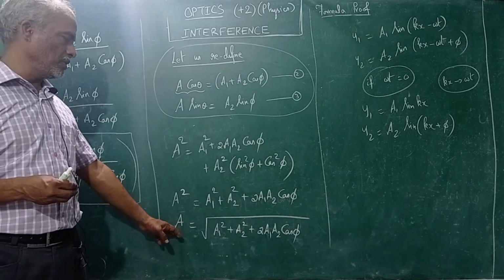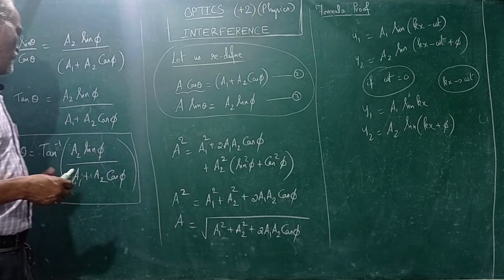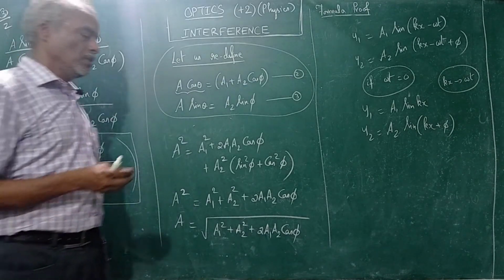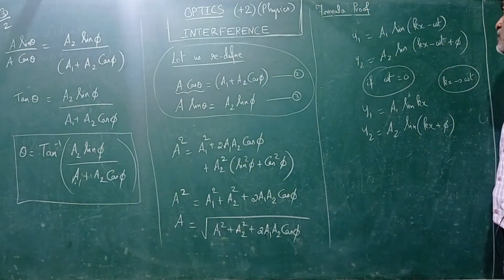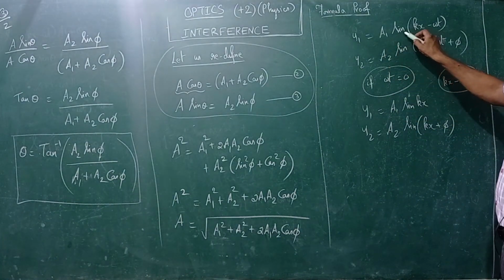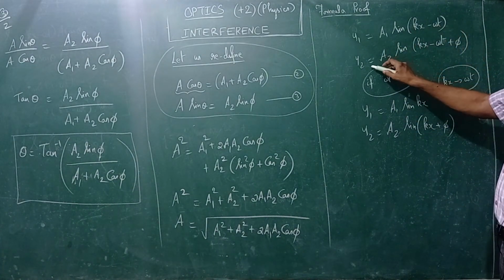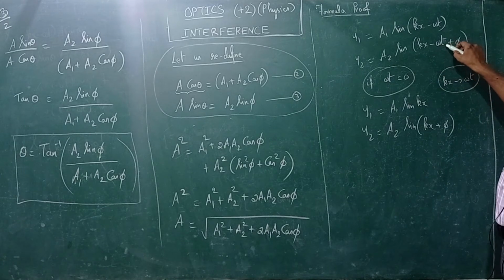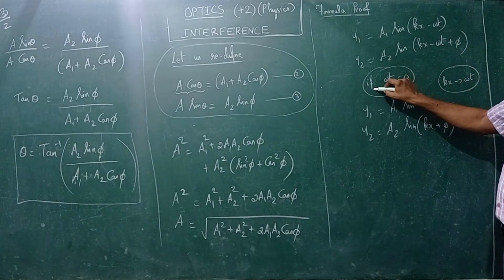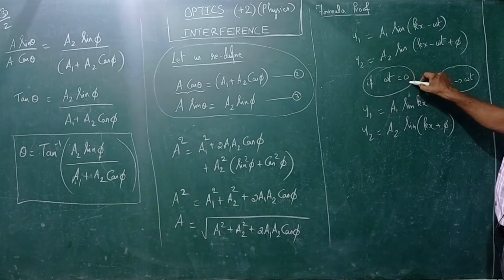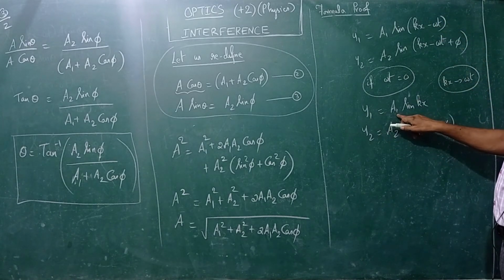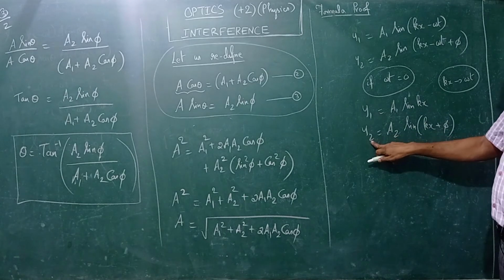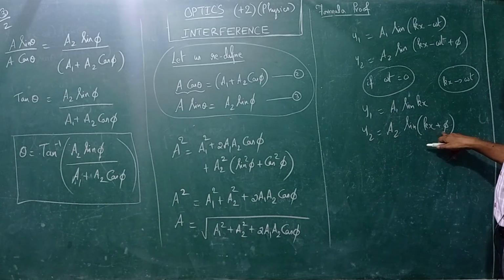So we have the amplitude, this we have proved, and theta, this also we have proved. Now you just see the starting of this derivation. We have seen y1 is equal to a1 sin kx minus omega t, and y2 is a2 sin kx minus omega t plus phi. Now if omega t is equal to 0, this term is 0, here also 0, we will get y1 is equal to a1 sin kx and y2 as a2 sin kx plus phi.